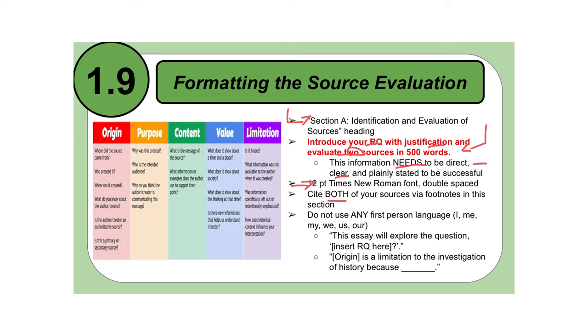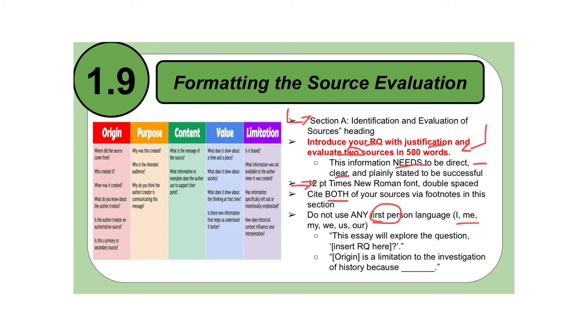You will cite both of your sources via footnotes in this section, at the bottom of the page. And do not use any first person language, so don't use anything like I, me, or my.